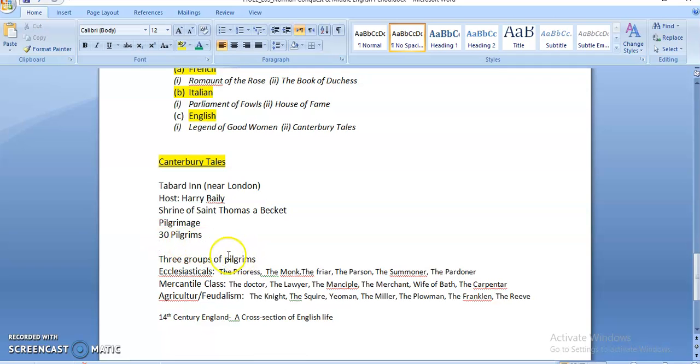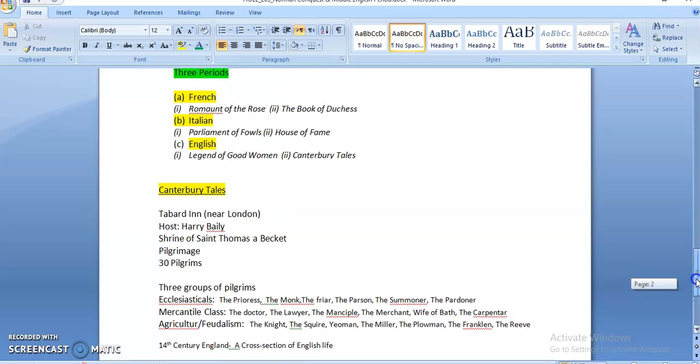There are not many tales, but it's a very good compilation of stories, and it's a sort of drama as well, because it is narrative poetry. It's a kind of novel, because there are so many beautiful stories in this book written by Geoffrey Chaucer.